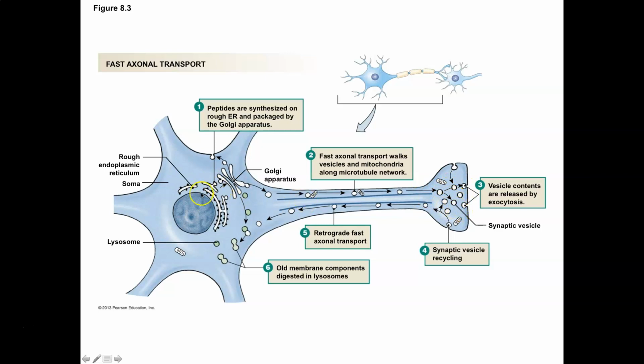So we can generate neurotransmitters in the soma. We can transport them down to the axon terminal, and then we can use exocytosis to release those neurotransmitters. And those neurotransmitters can then be used to communicate with the next neuron in a pathway. So take a look at some of that axonal transport information.